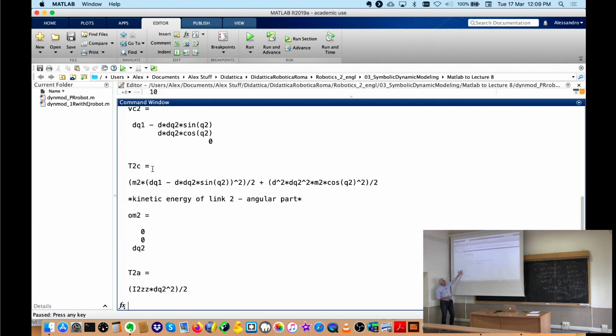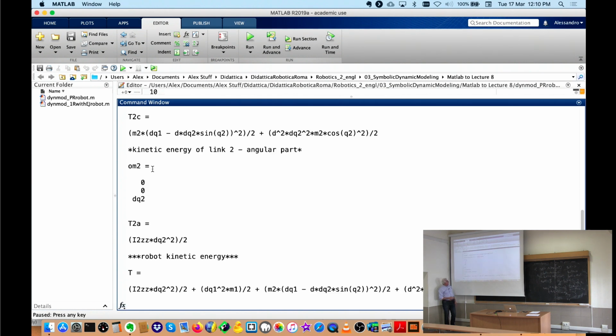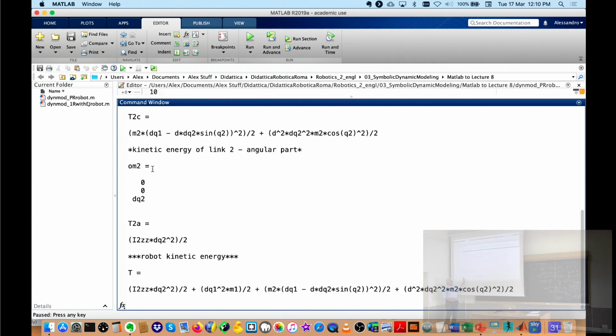And then we introduce the angular velocity of the second link. Indeed, this is a planar motion, no matter if in the vertical plane or in the horizontal plane. So the angular velocity will be orthogonal to the plane of motion, along the z-axis with a speed q dot 2. And the angular contribution will be the following. If we put everything together, we have this long expression.